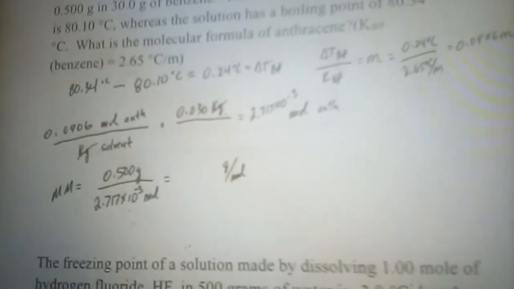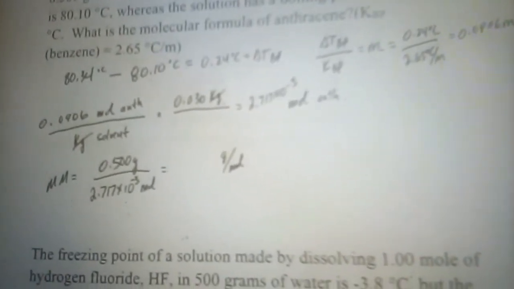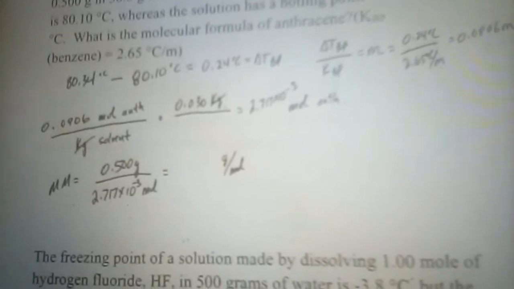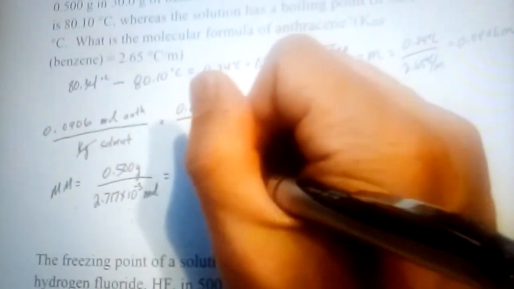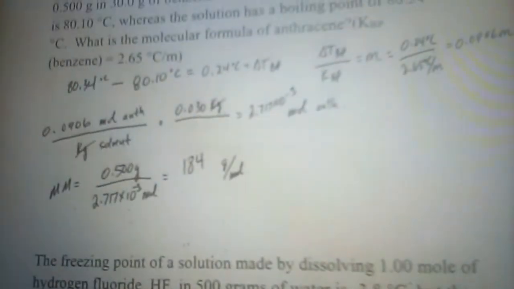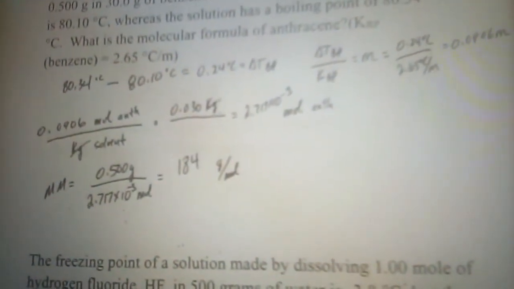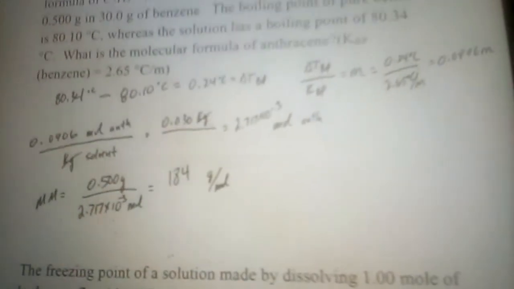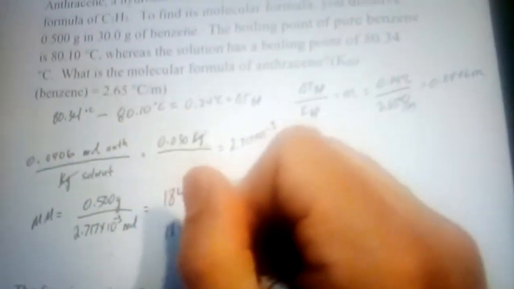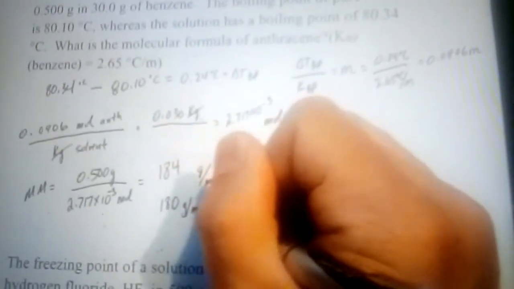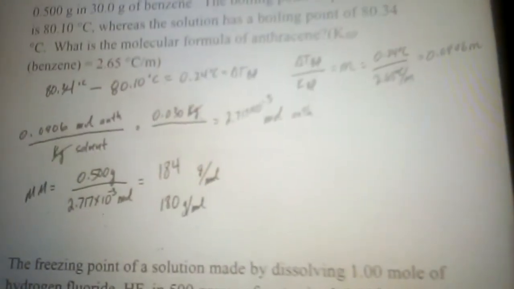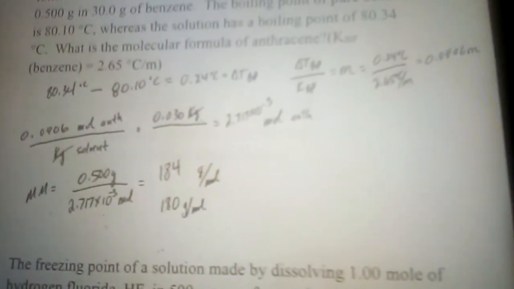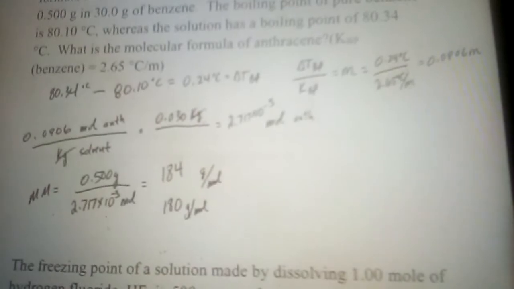So 0.5 divided by 2.717 times 10 to the minus third. That comes out to be 184 grams per mole. Now, if you look back at our temperature change, it's only two significant figures, so we should maybe call this 180 grams per mole instead, without a decimal. Although in this case, that's not really our final answer to the problem.